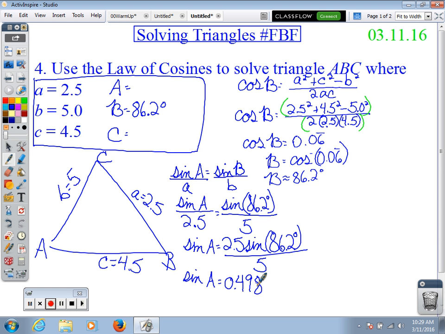Okay, now, again, this is sine of A. We want the actual angle itself, so we'll have to take the inverse sine, and we'll have A is equal to the inverse sine of 0.498, which gives us that the measure of angle A is approximately 29.9 degrees.